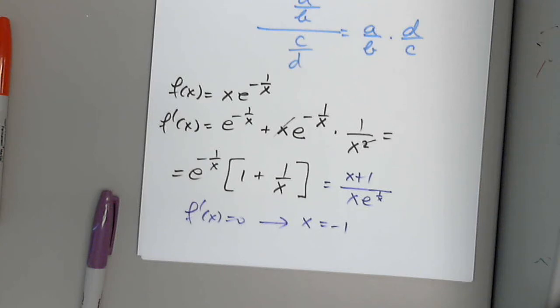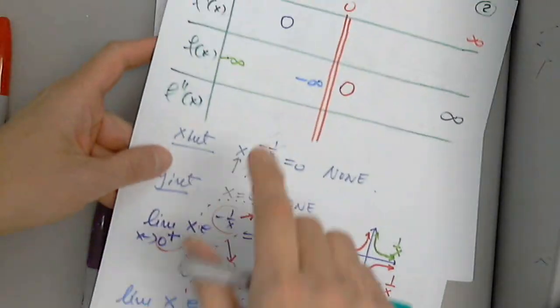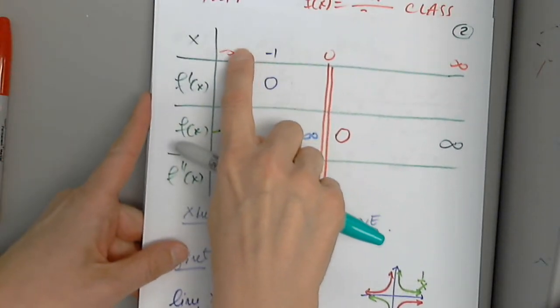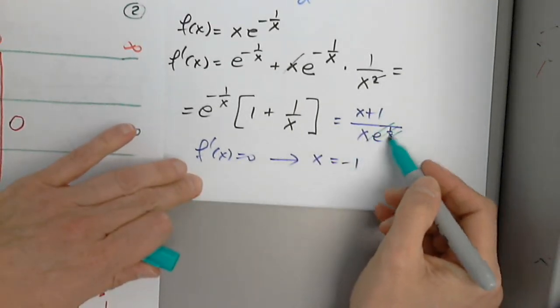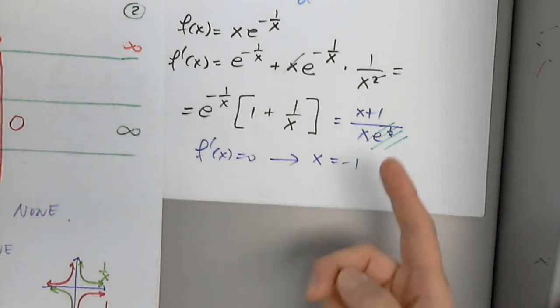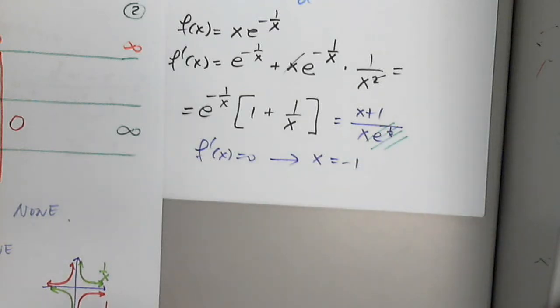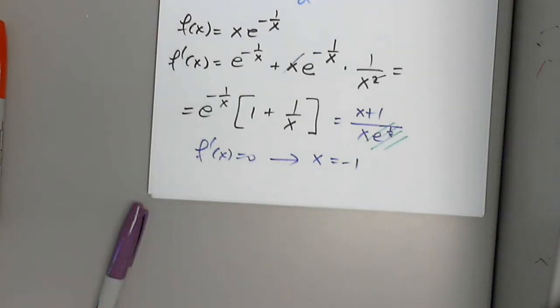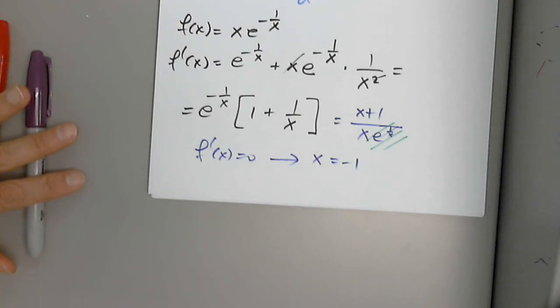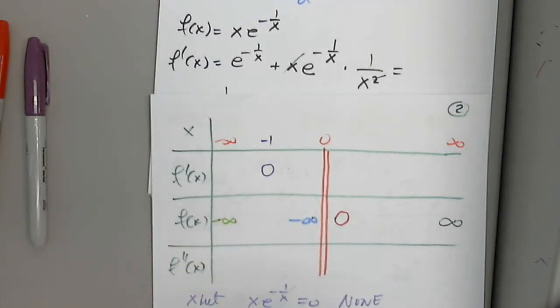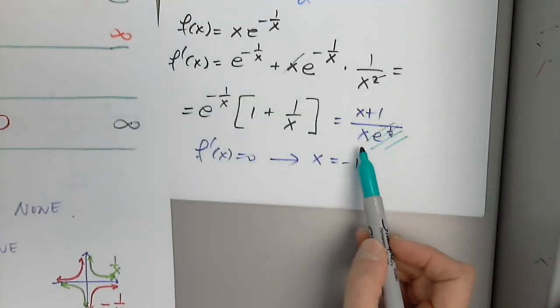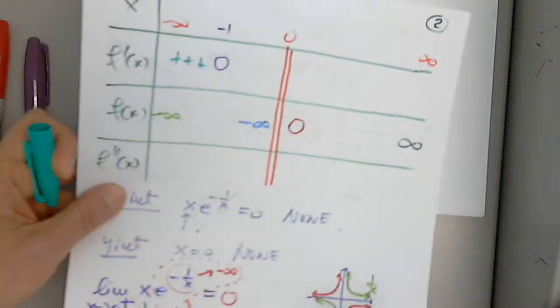So to the left of -1, let's plug in -10. So don't worry about this one. -10 plus 1 over -10. I only need the sign. This one's positive. -10 plus 1 over -10. I got that. That's okay.